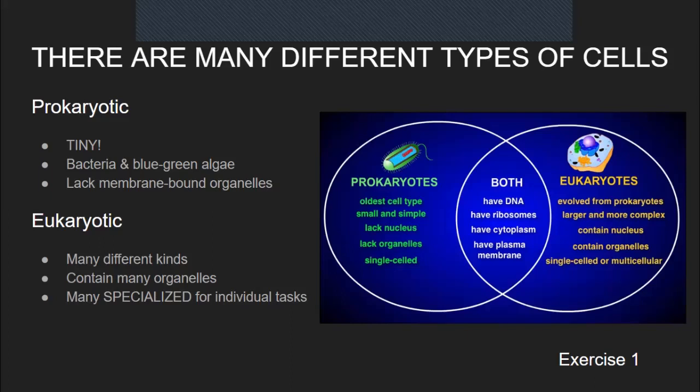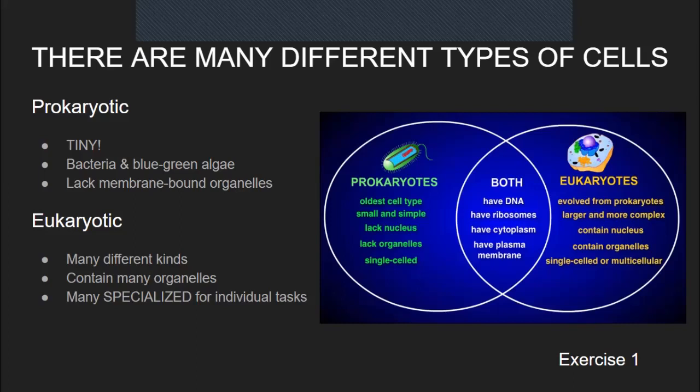And they're not going to have things like mitochondria or chloroplasts or any of these other organelles that you'll end up looking at that are within eukaryotic cells. And because they have none of these membrane bound organelles, they are extremely tiny compared to eukaryotic cells. So prokaryotic cells are very, very, very small.